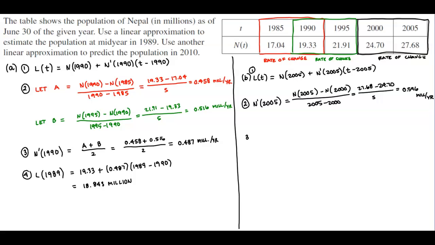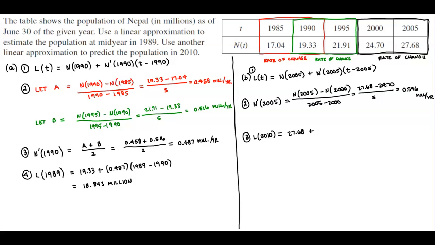And so now in step 3, we can rewrite step 1 to be L of 2010, and that's going to equal n of 2005, which we know the output is 27.68.